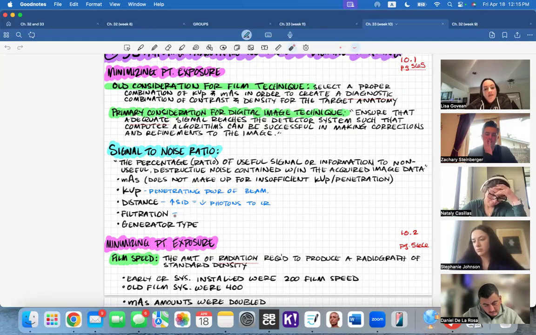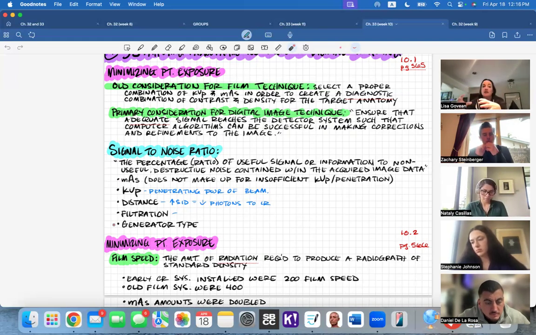Correct me if I'm wrong, but what this is asking is how much of everything that gets received by the image detector is actual diagnostic image information, and how much is noise that we picked up along the way. And these are the ways that we can pick up the noise. So it needs to be a certain percentage of the actual diagnostic data and not as much of the noise, which is why underexposure is really bad.